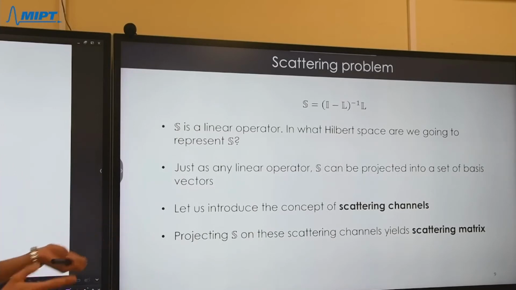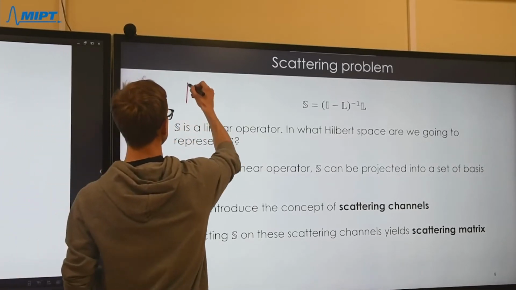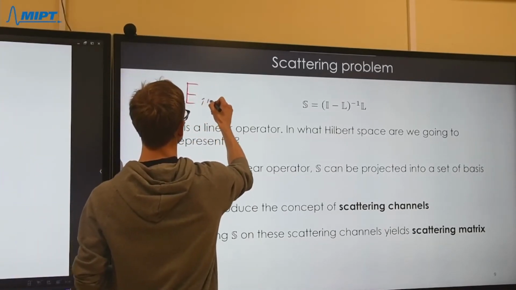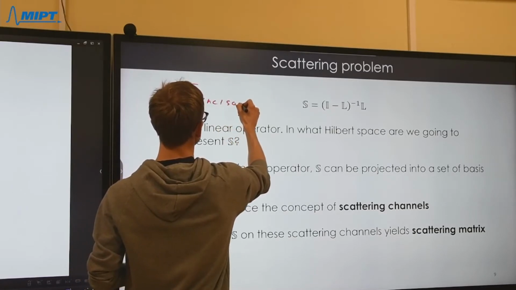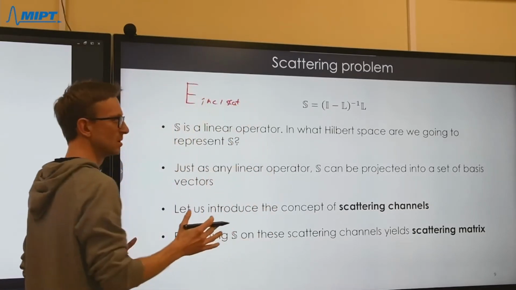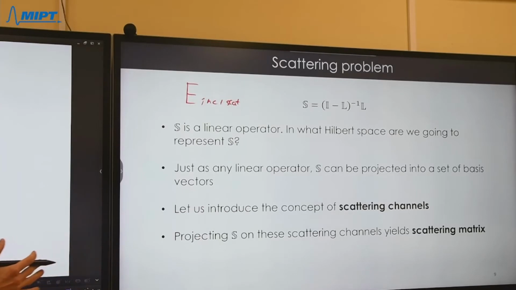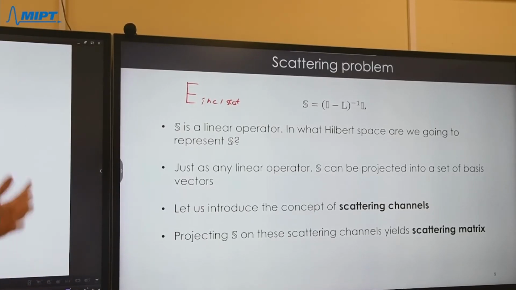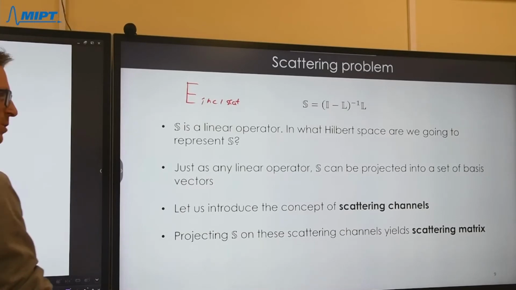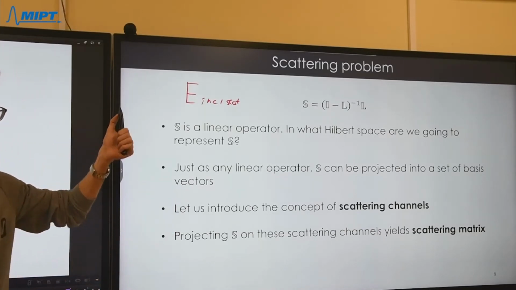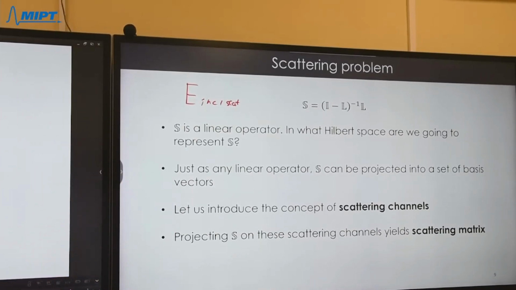These vectors, E incident and E scattered, what Hilbert space are they from? Is it a vector of just columns of numbers with 5, 10, 100 numbers, or is it a vector space of functions?